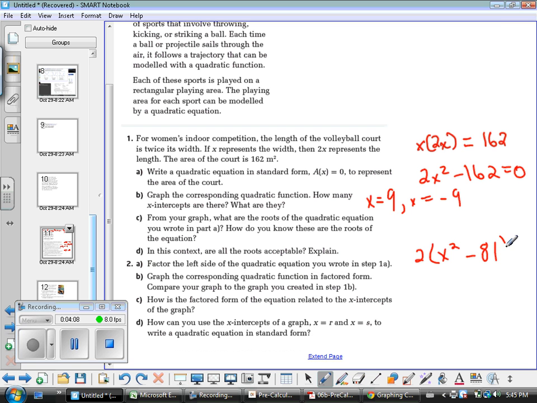When you look at that, hopefully you remember this well enough to see a difference of squares, because x squared and 81 are both perfect squares. So you should be able to factor that as x plus 9, x minus 9.